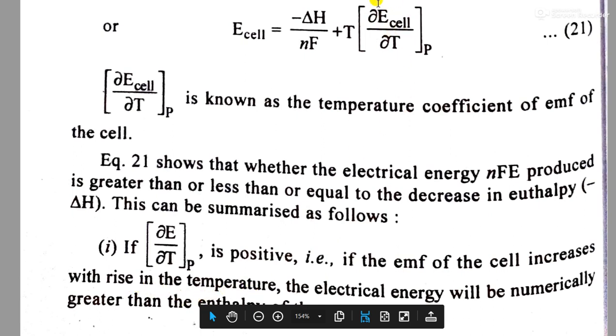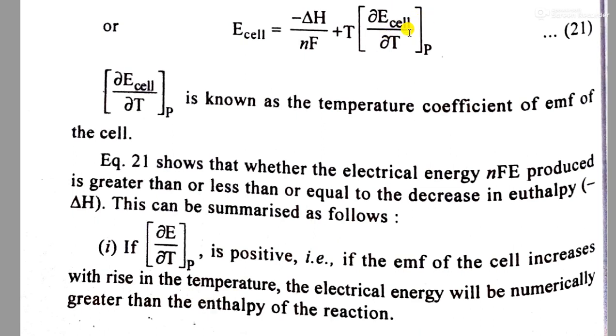If the EMF of a cell is increasing with the rise in temperature, that is, this value will be positive, then the electrical energy will be numerically greater than the enthalpy of the reaction. So this minus delta G, you have to consider this value, and the electrical energy will be greater than this enthalpy of the reaction. That is numerically. We should not consider the sign here, only the numerical value of the enthalpy.